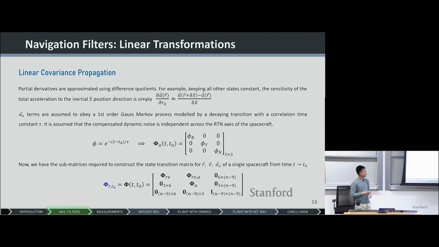Then the full state transition matrix comprises the finite differences that you have computed, plus the sensitivities with respect to the empirical accelerations as well. The state transitions for the empirical accelerations follow a simple first-order Gauss-Markov decay model, so the diagonals are simply set as a negatively decaying exponential.